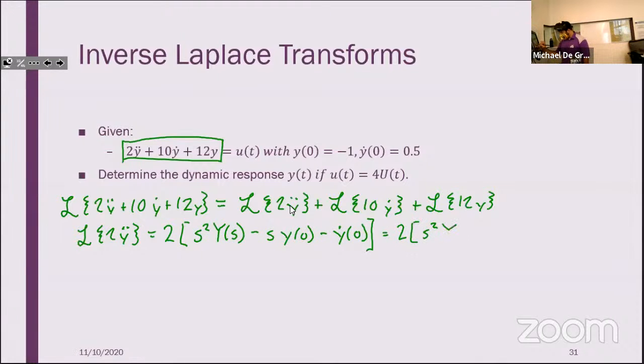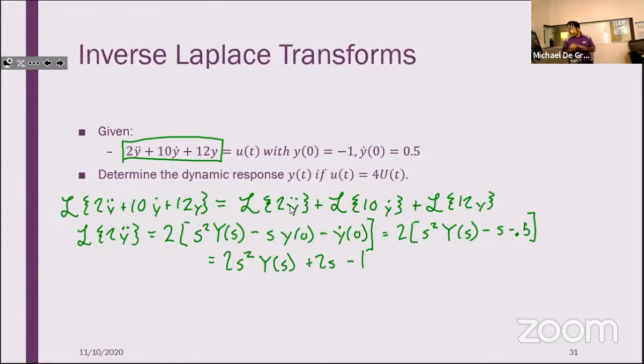If I plug in my initial conditions, I'll get 2 times s squared times y of s plus 2s minus 1, right?